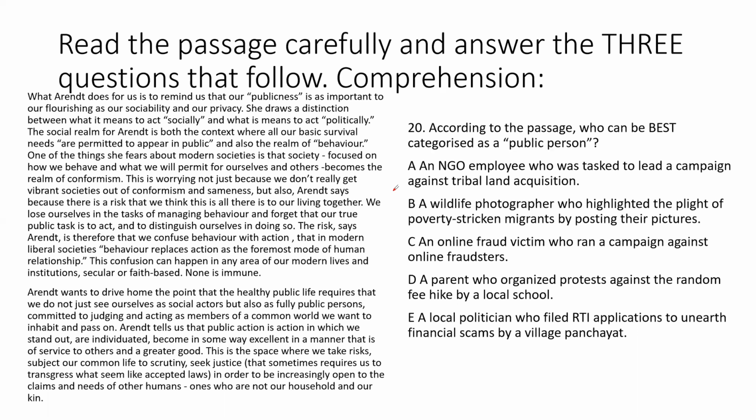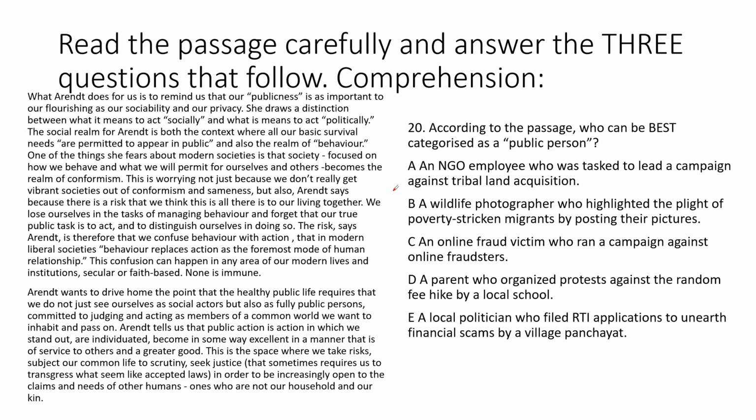This is the space where we take risk, subject our common life to scrutiny, seek justice that sometimes requires us to transgress what seems like accepted laws in order to be increasingly open to the claims and needs of other humans, ones who are not our household and our kin. So again, the passage is about describing what publicness is, about social norms, and how social norms drive a person's life. Okay, let's look at the question.